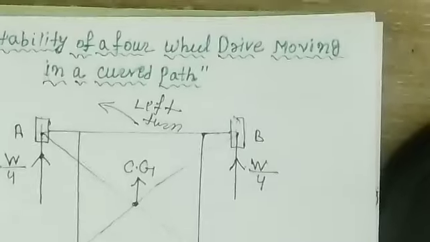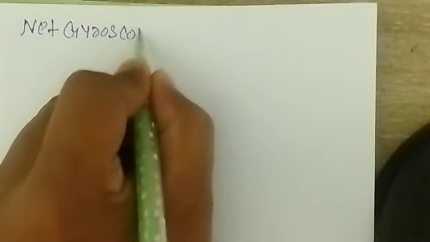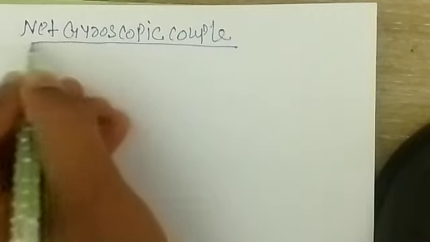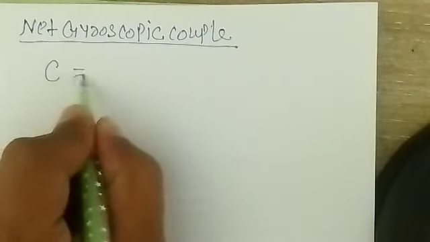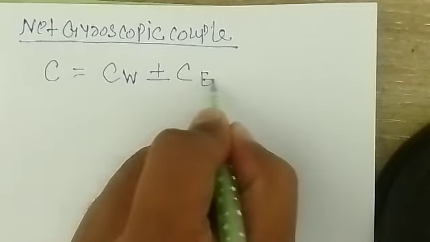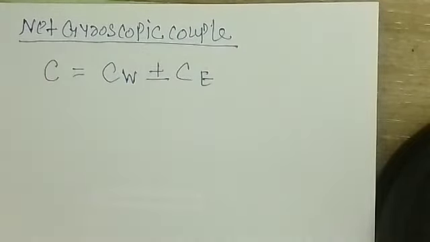So you can write that the net gyroscopic couple, let's say C, is equal to C_W plus or minus C_E. This is the net gyroscopic couple you got.